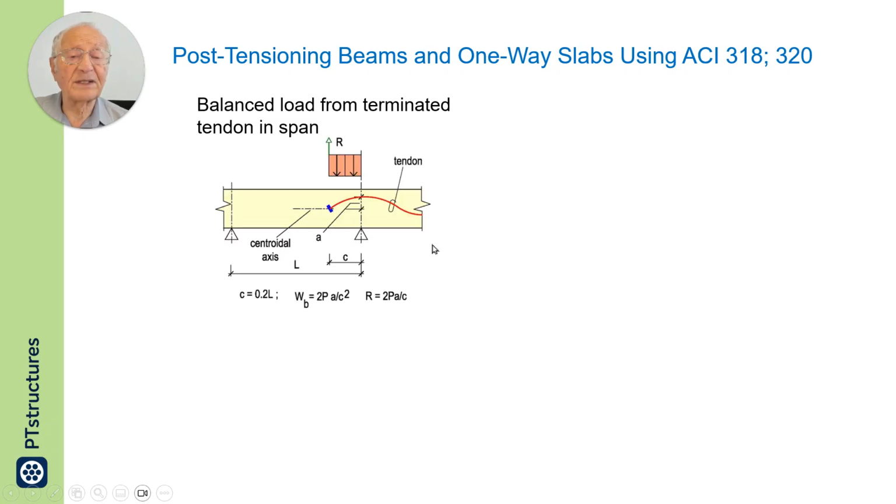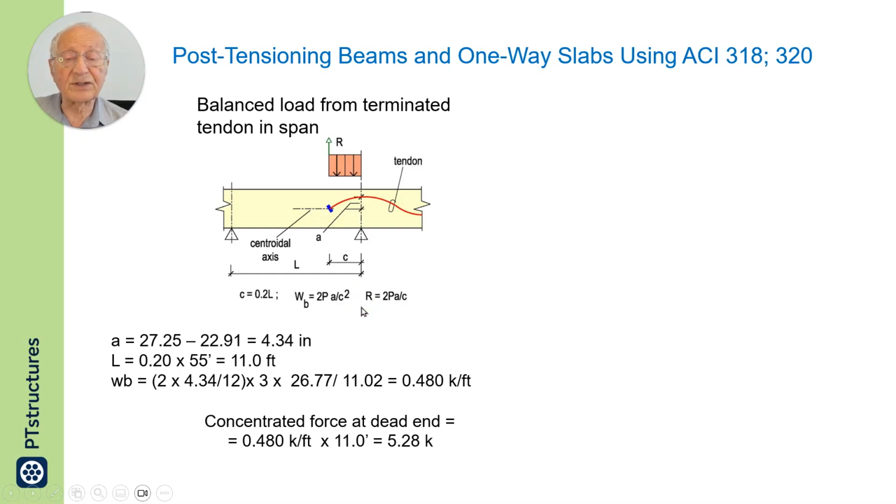Now, what about the strands that terminate from one span into the next? The relationship is shown here. I assume that the strands extend into the next span by about 1/5 of the span. There will be an upward and downward force which are given by these relationships.